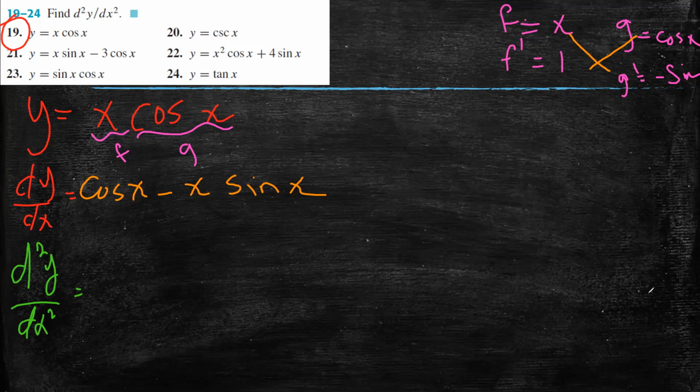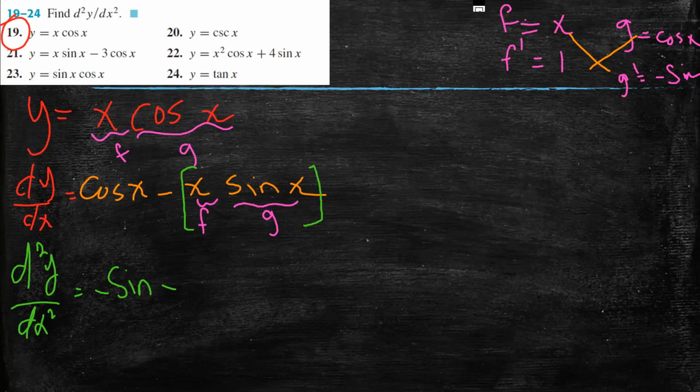So the first step, what is the derivative of cosine? Negative sine. Minus. Now, I need to find the derivative of the second term. As you see, they are multiplied. So I need to use the product rule, as we did before. We will name this f, and this g.